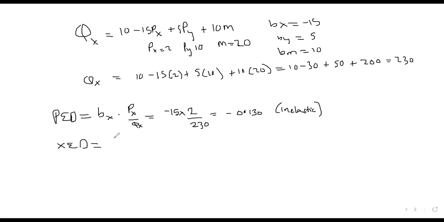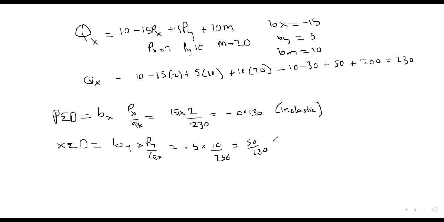Cross price elasticity is a gradient for good what? Y times the price for good Y times the quantity for good X. Is crossing from good Y to good X. What is the gradient for good Y? Positive 5. What is the price of good Y? 10 over 230. So you're going to get a what? 50 over 230.